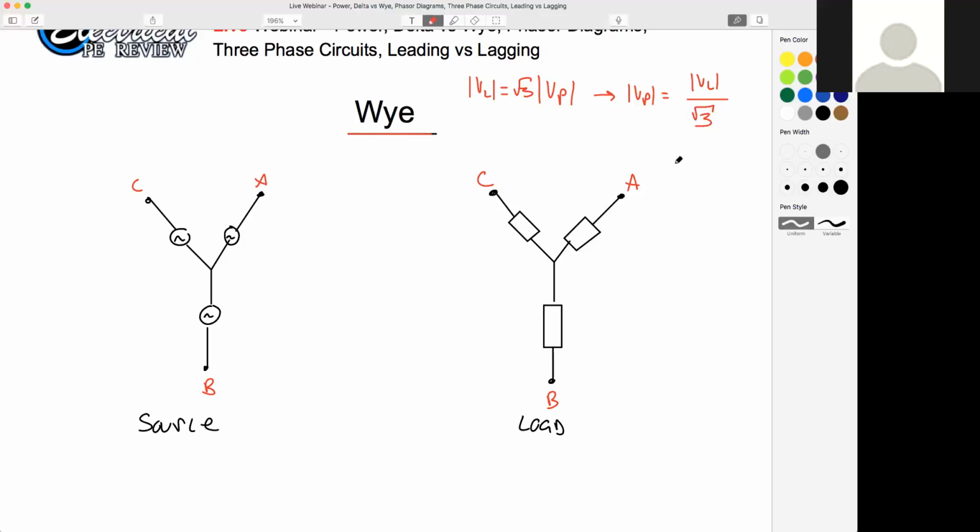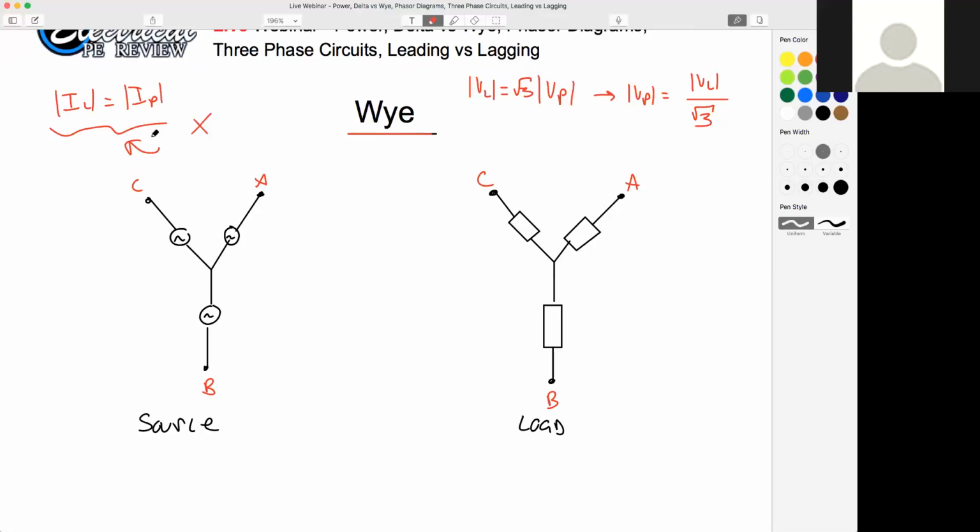So be really careful when we see things like this. I'm going to draw over here to the left. When we're talking about I line equals I phase, I'm not a fan of saying this because I feel like it leads to people getting the problem wrong. So what I'm about to talk about, if this confuses you, just ignore it and go back to this relationship.